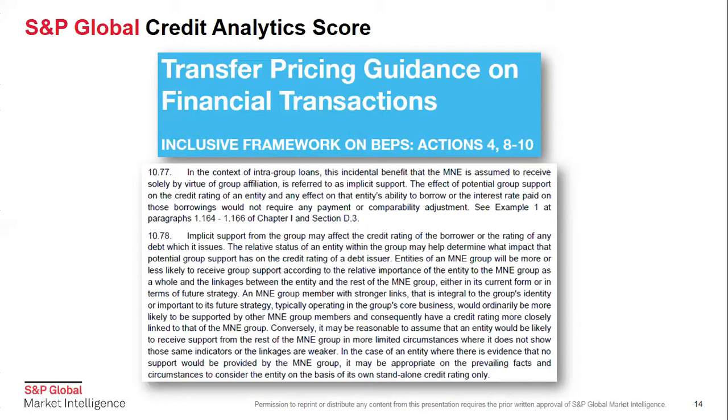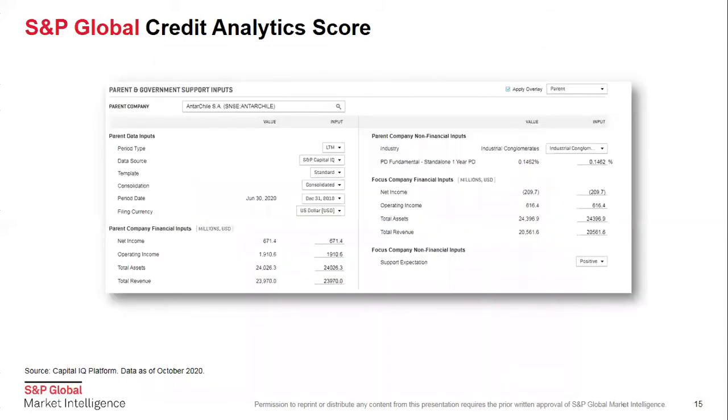We can see here that a multinational entity is assumed to receive solely by the virtue of group affiliation implicit support from that group that will be part of the assessment when taking a look at the risk characterization of your tested party or your subsidiary.